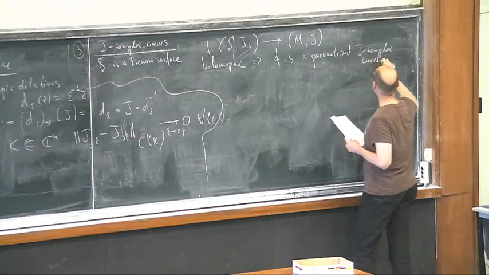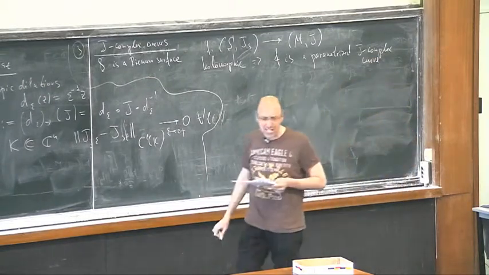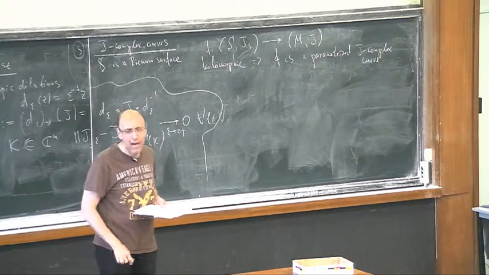Well, this is a standard abuse of notation. Parametrized complex curves are not sets. They are maps.